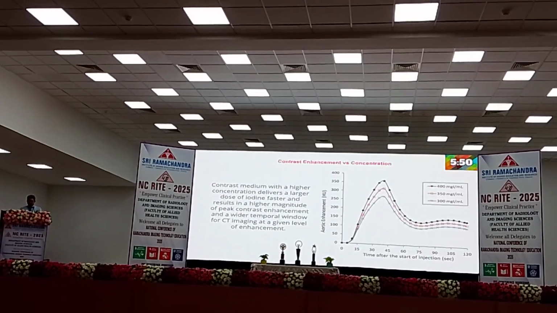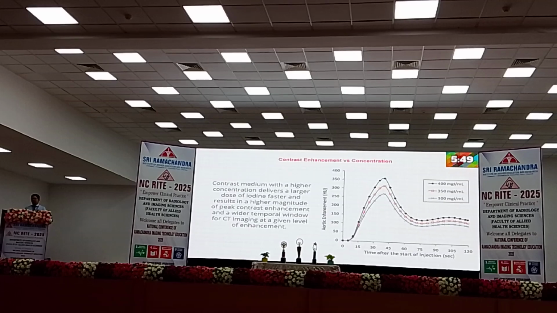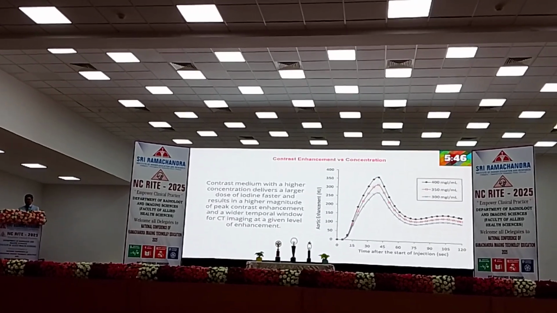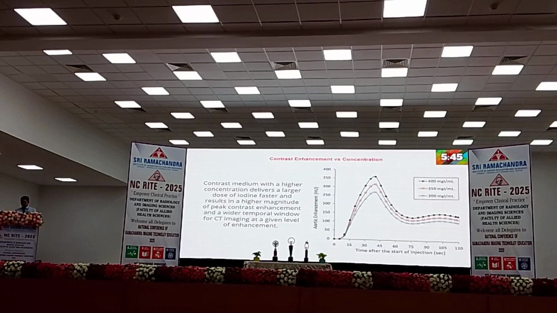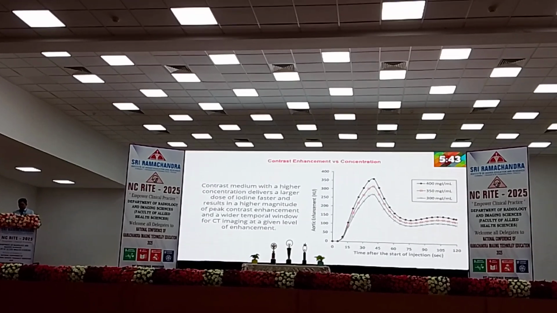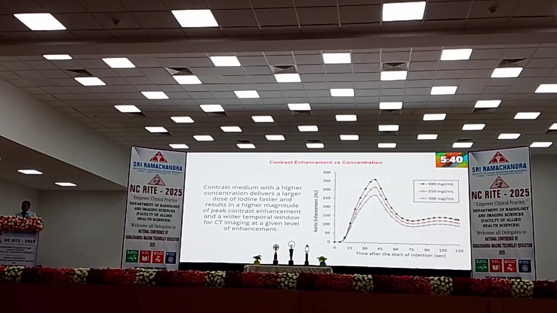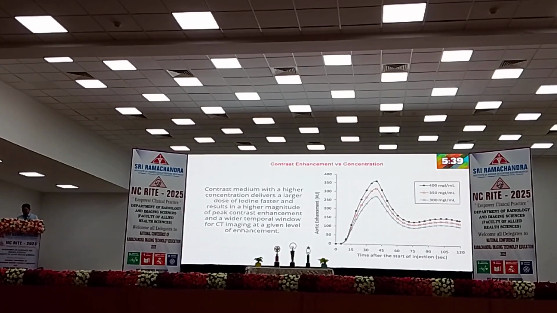So this is the concentration, in case you are using a different concentration of the contrast. For example, 300 mg iodine per ml, or 350 or 400. There are three different iodine concentration contrasts used for the same patient.